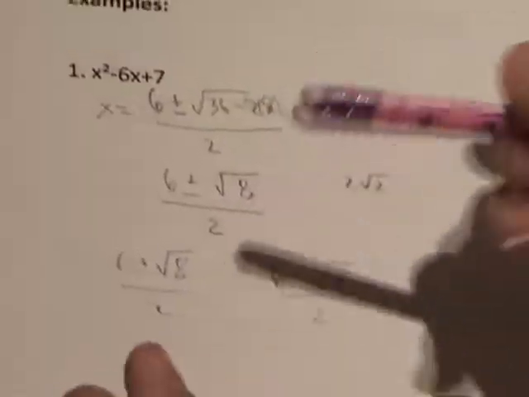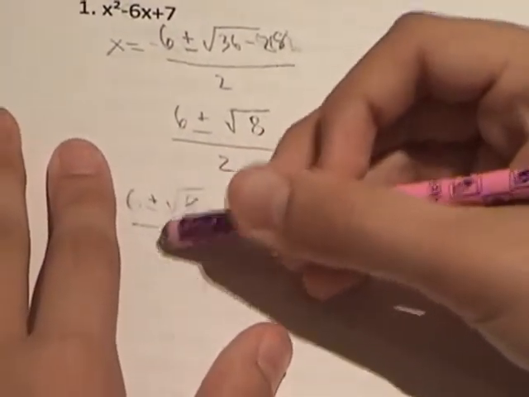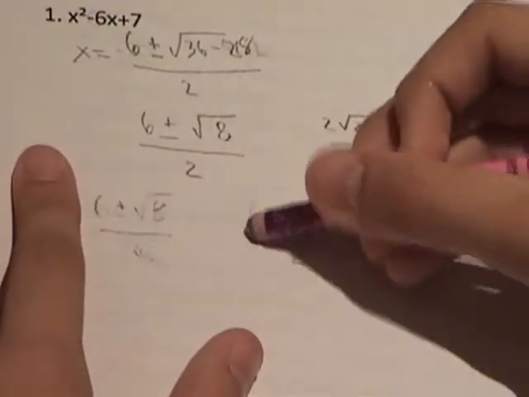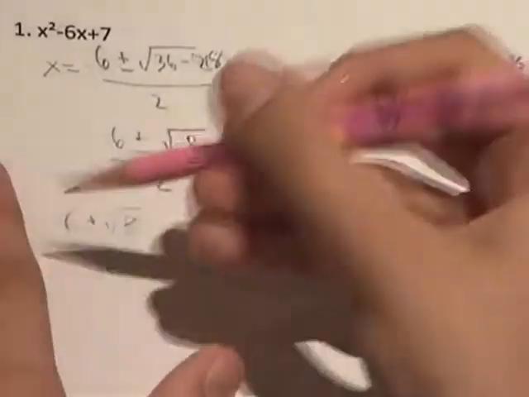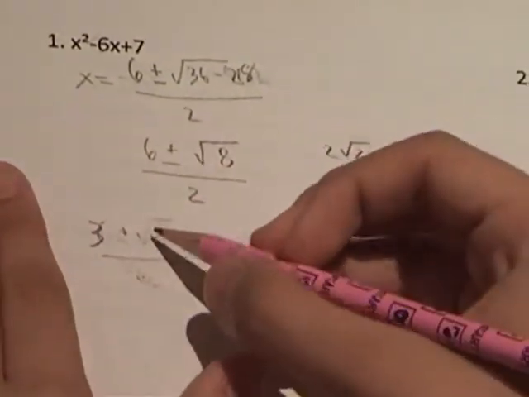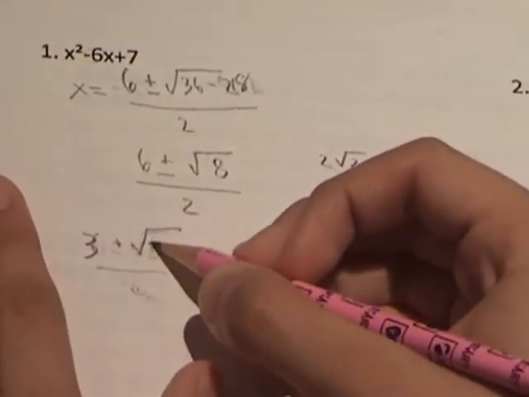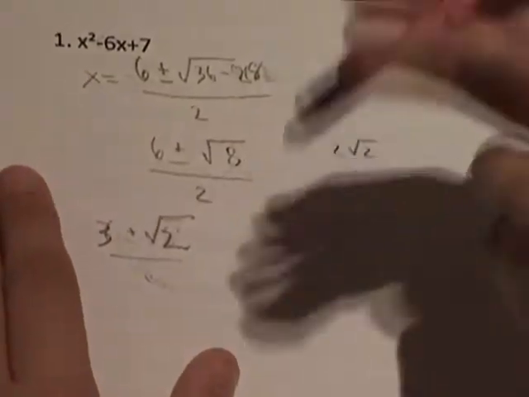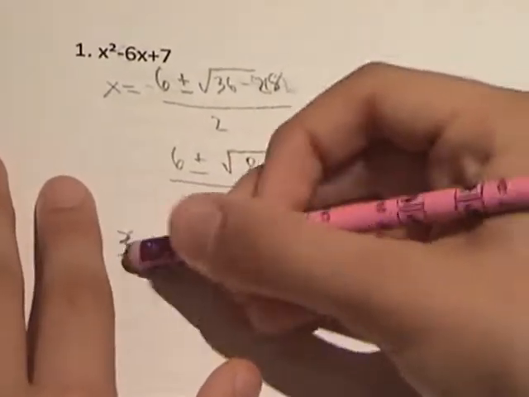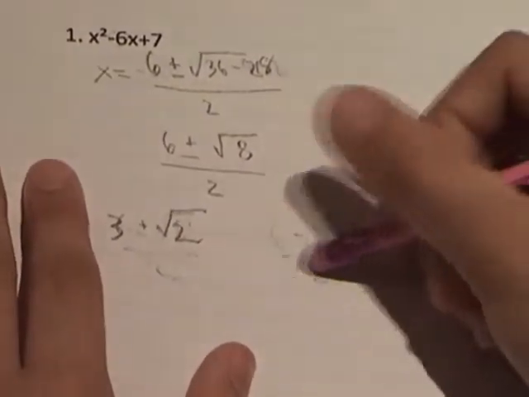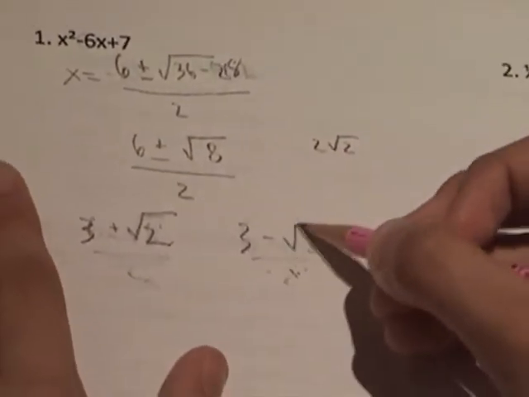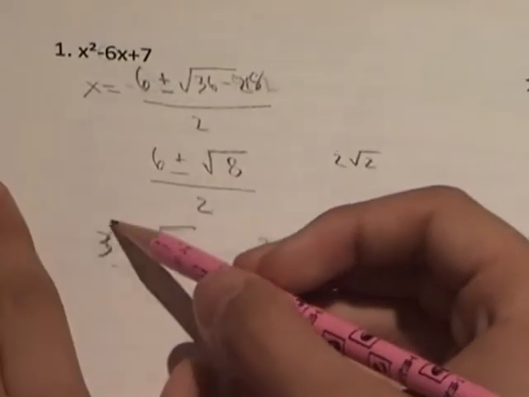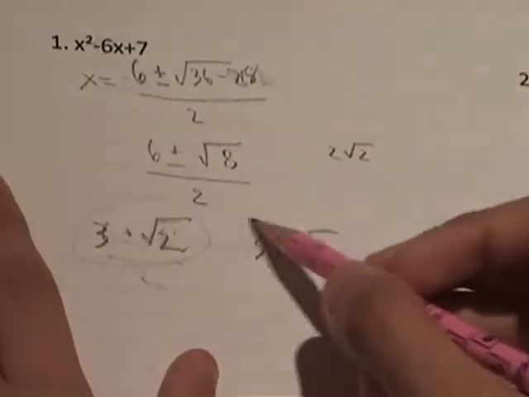Now, if you look at it that way, all of these numbers have a factor of 2 in them. So simplifying, that would be 3 plus radical 2. Since it would be over 1, it's just plain. Same with this, then 3 minus radical 2. These are your roots.